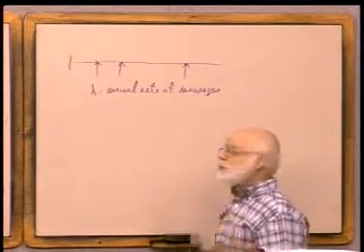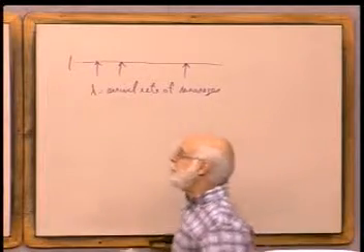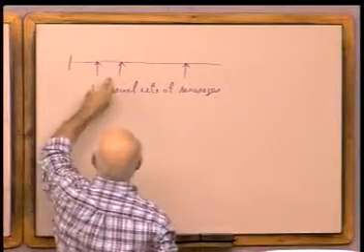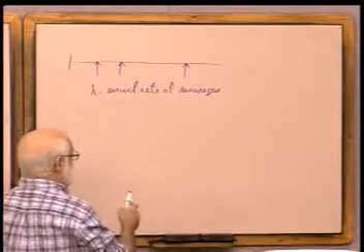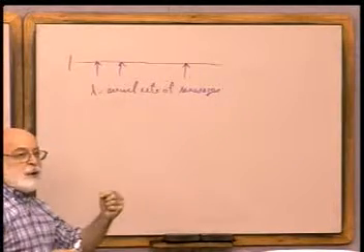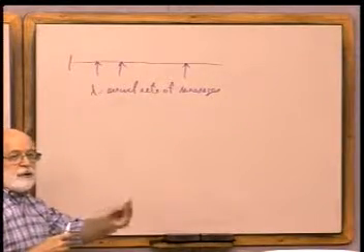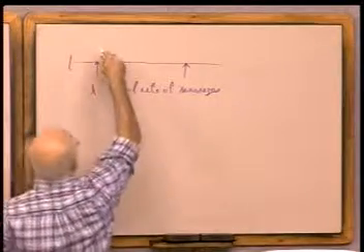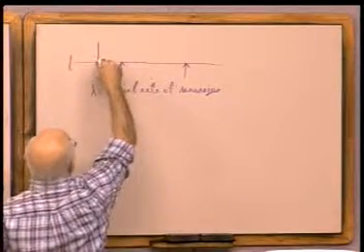In fact, there's two random processes going on here. First of all, there's the instant at which the messages arrive, and then there is the bandwidth requirement of the message, because some messages are longer or shorter than others. So I'll indicate that by this height right here.